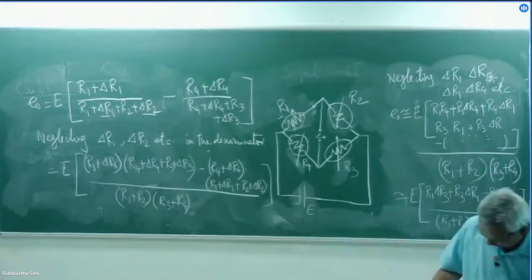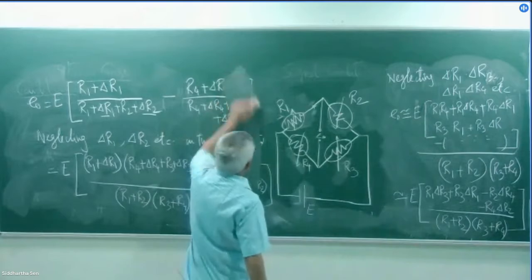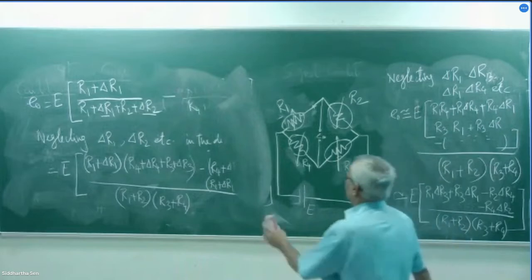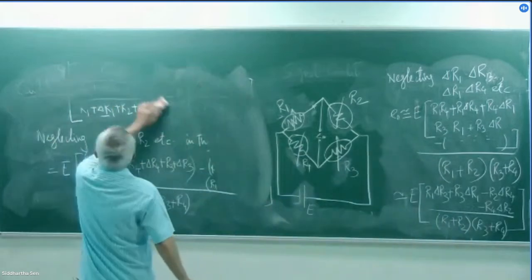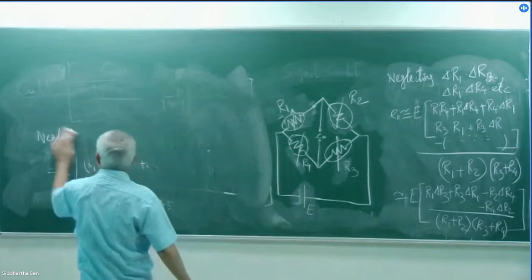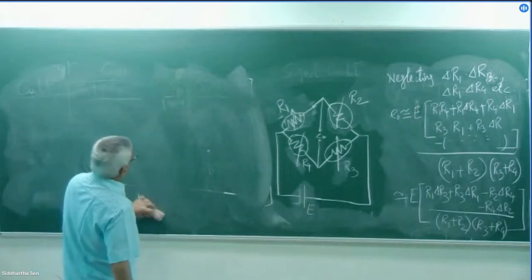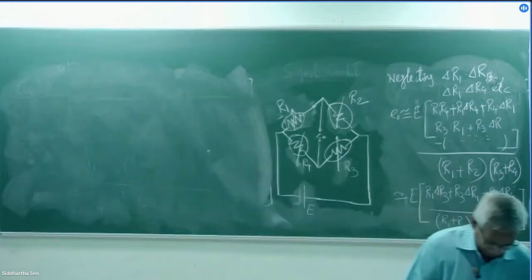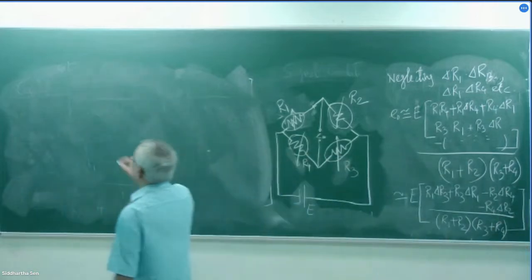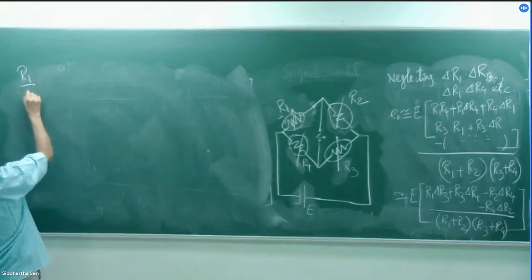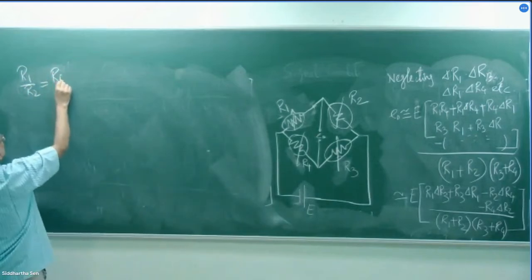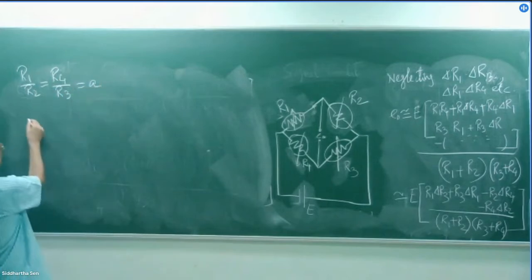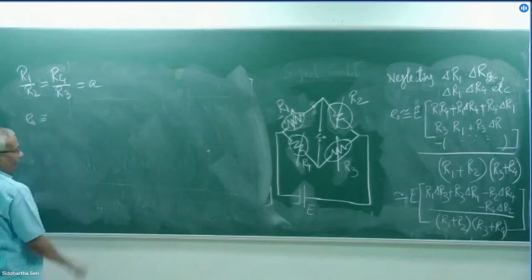So now you can simplify a little bit and come to the expression which is easy to handle. So we know that R1 by R2 is equal to R4 by R3 is equal to A. So our E0, mind it, these are all approximate.